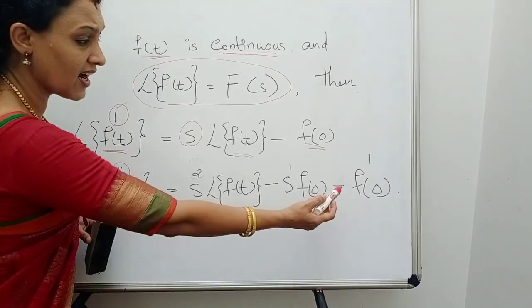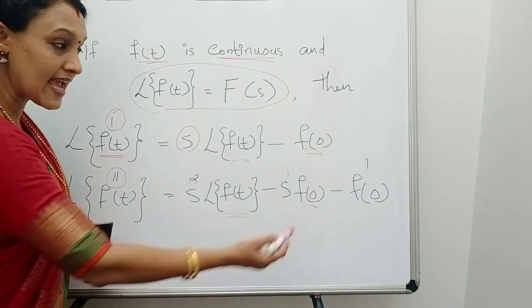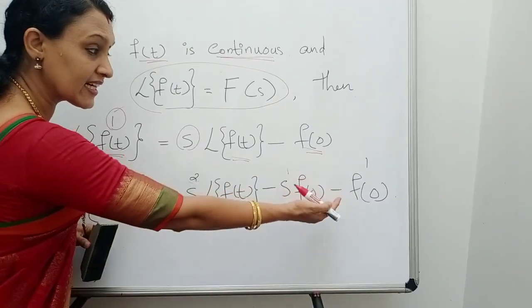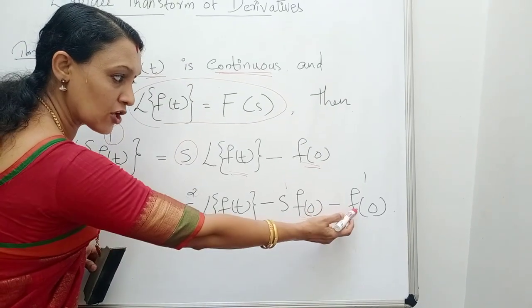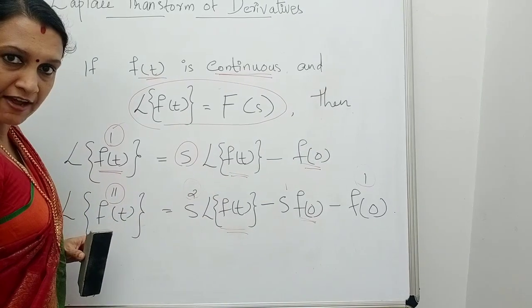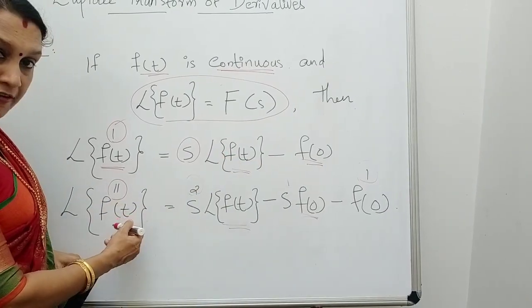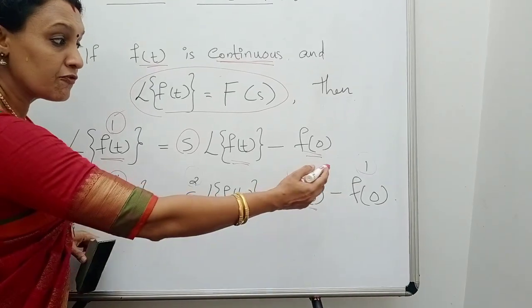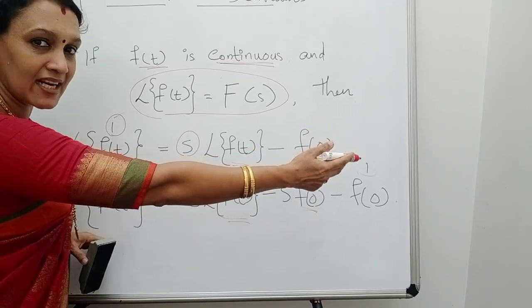Now look at the third term. It is f dash 0. f dash 0. Increase the order of f. See, f(0), after that f dash 0. Increase order of f. If it is f triple dash, L of f triple dash, we are having one more term, that is f double dash 0.